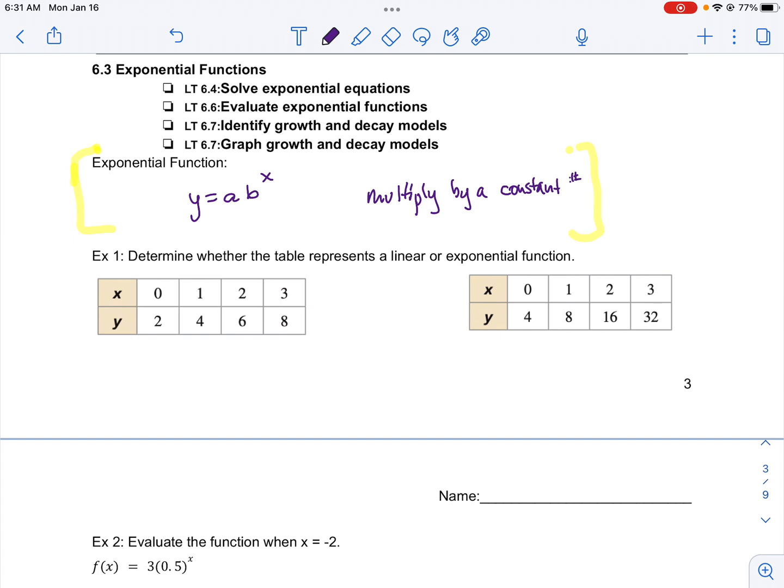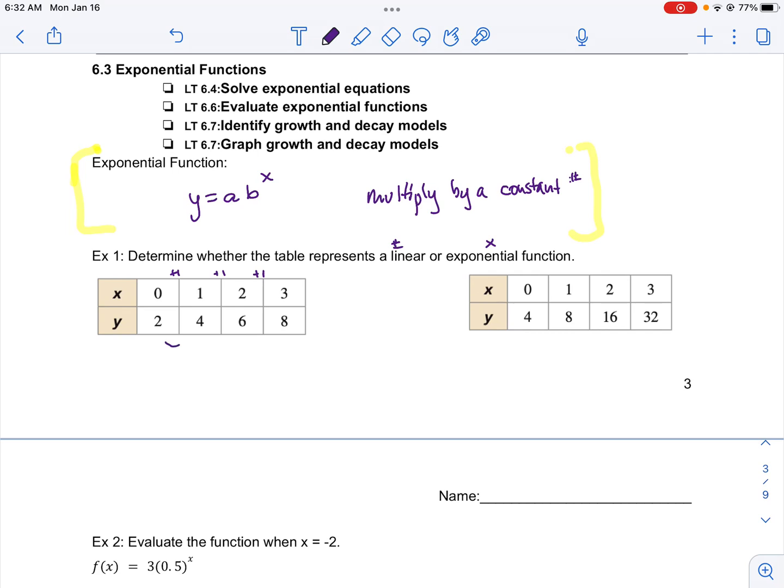So, example 1, determine whether the table represents a linear or exponential function. So remember, with a linear function, you are adding or subtracting by a constant. With an exponential, you are multiplying by a constant number. So if I'm looking at the first one, I'm adding 1 to the x's, which is totally fine.